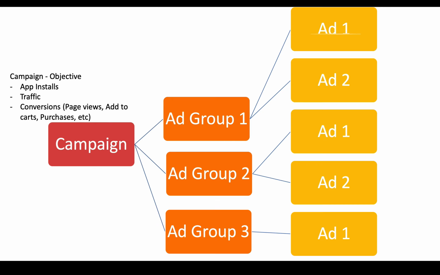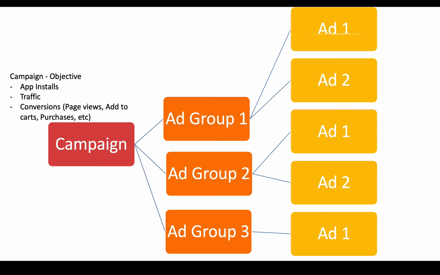By conversions, we mean you want some activity on the website. So, for example, somebody seeing your landing page or your product page, that is a conversion. Somebody adding your product to cart, that is also a conversion. Somebody making a purchase, even that's a conversion. So, conversion is not necessarily a purchase, but any specific activity that you want to happen on your website.